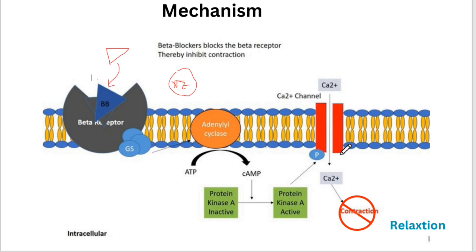And if the further mechanism is stopped, we know the contraction will not happen, and thereby relaxation will occur. As there is an inhibition of contraction, relaxation occurs, which will help prevent cardiovascular diseases.